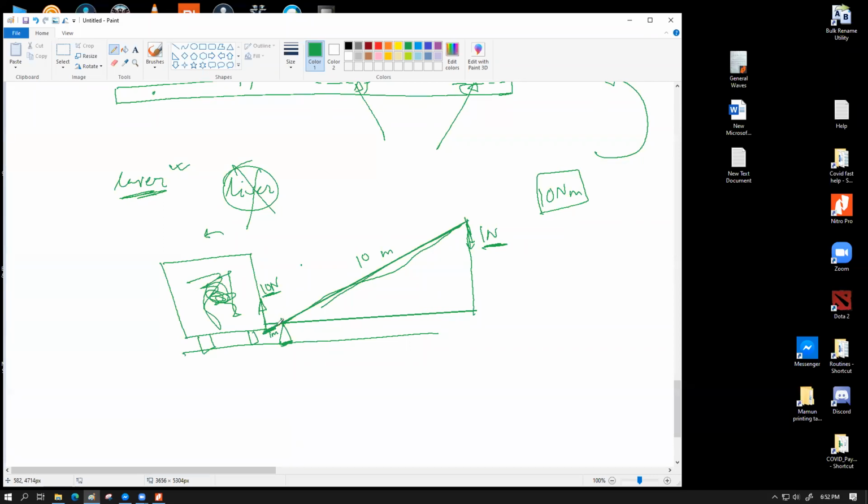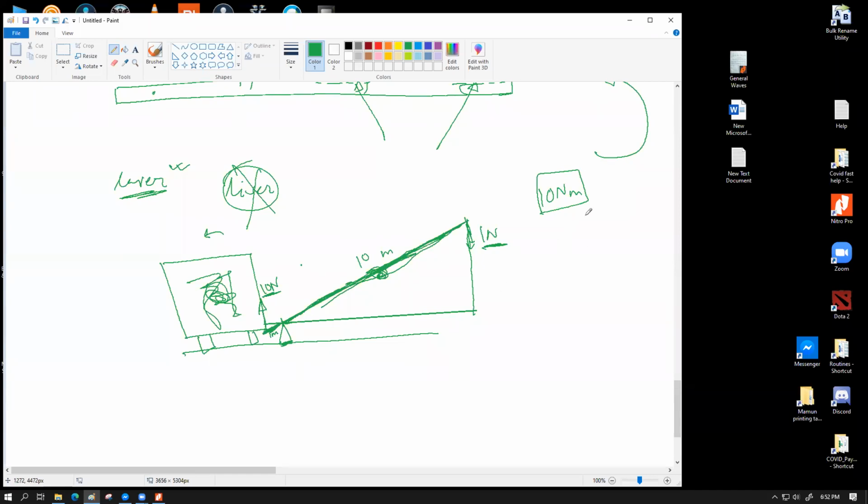This is the part of the lever that we're calling the load side. This is the part that we're calling the application side, or the force side. So if the force side is longer, then you can obtain a bigger force on the load side by applying a smaller force.